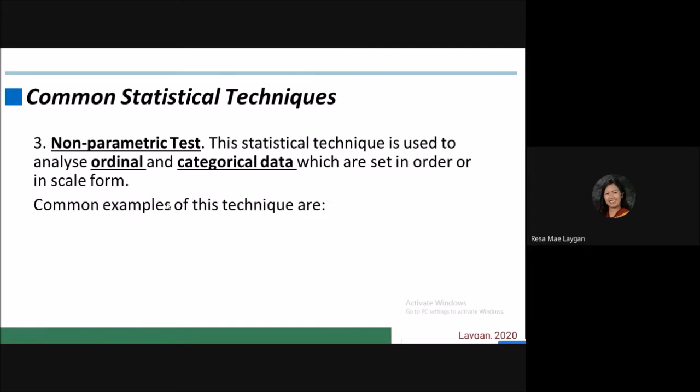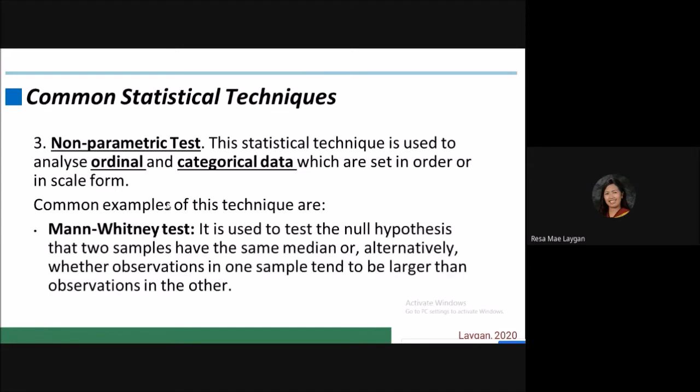So, a common example of this technique is the Mann-Whitney test. In the Mann-Whitney test, it is used to test the null hypothesis that the two samples have the same median, or alternatively, whether observations in one sample tend to be larger than observations in the other.